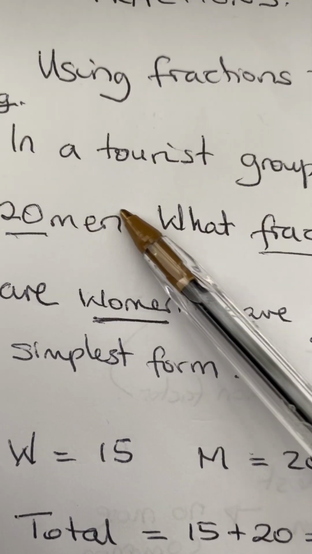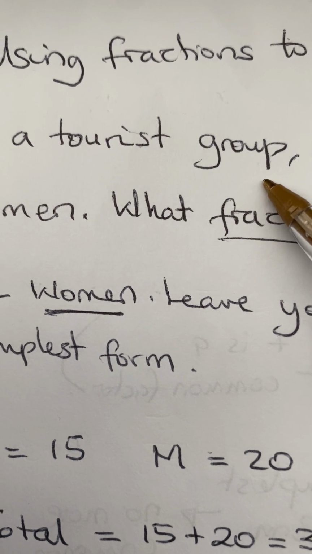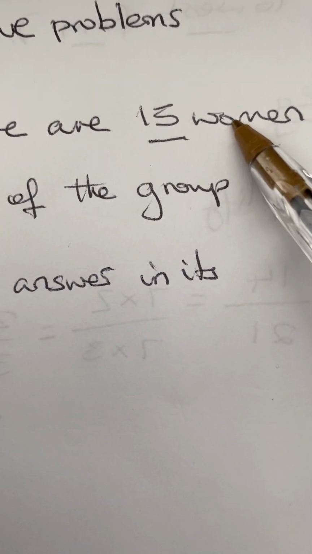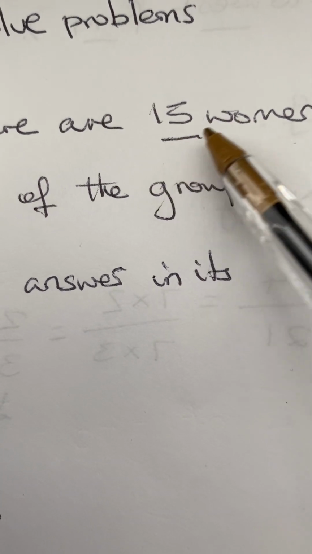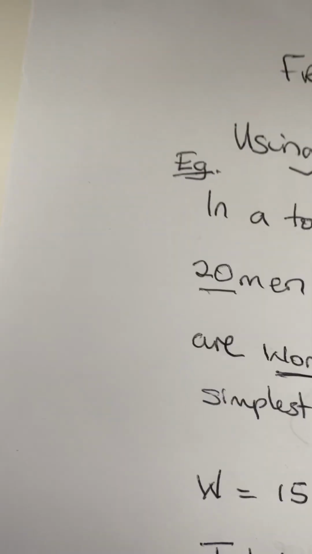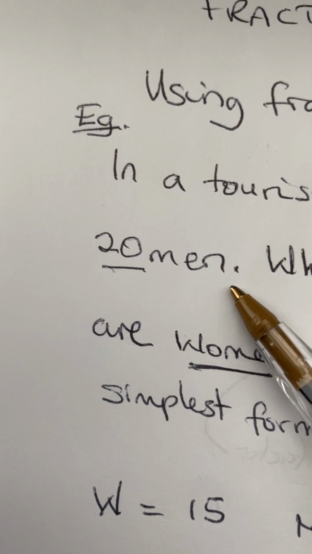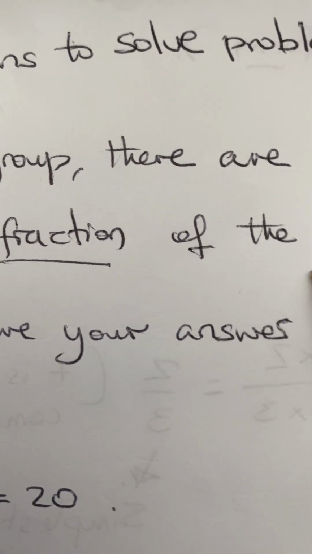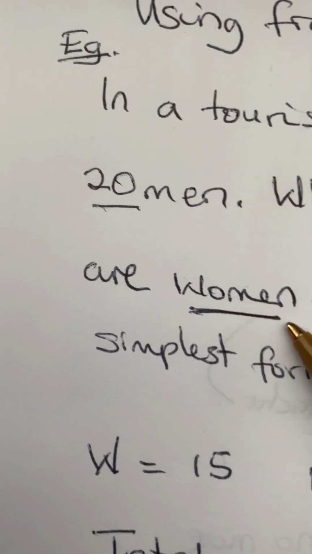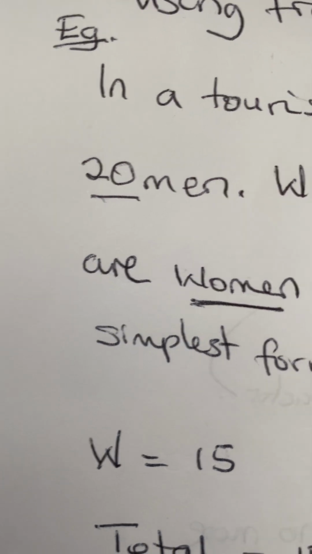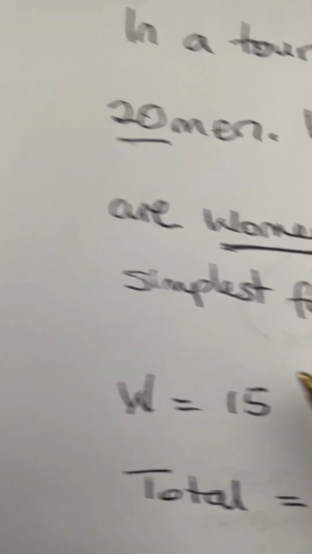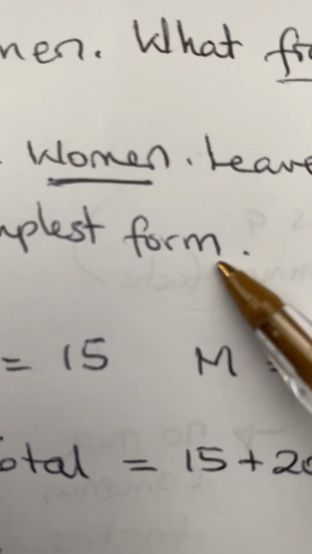In a tourist group, there are 15 women and 20 men. What fraction of the group are women? Leave your answer in its simplest form.